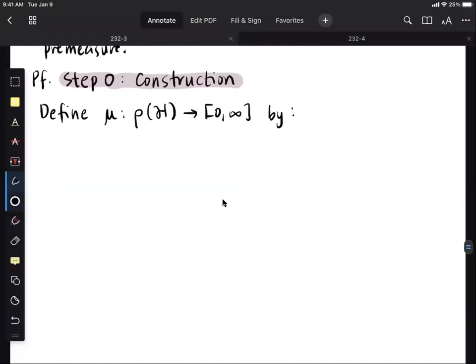Okay. First, let us recognize what are the elements of the ring generated by H. From a theorem that we have discussed previously, A is an element of rho of H if and only if A can be written as the union of a finite collection of elements in the semi-ring H and it is pairwise disjoint.